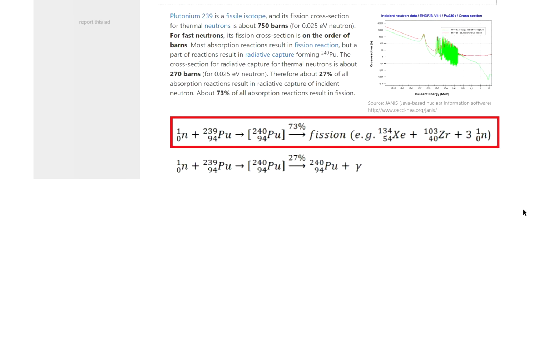So here's another example. You have plutonium-239, you throw a neutron at it, that neutron goes into the nucleus, so now you've got plutonium-240, it becomes unstable, and then it becomes xenon plus Zr plus 3 neutrons.